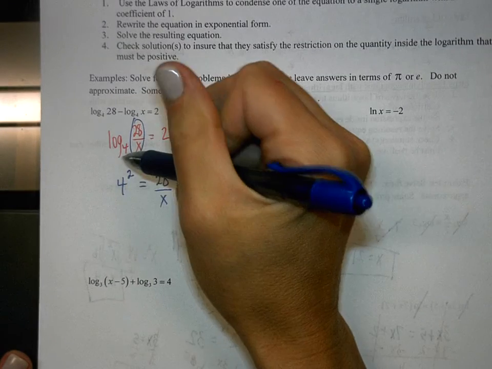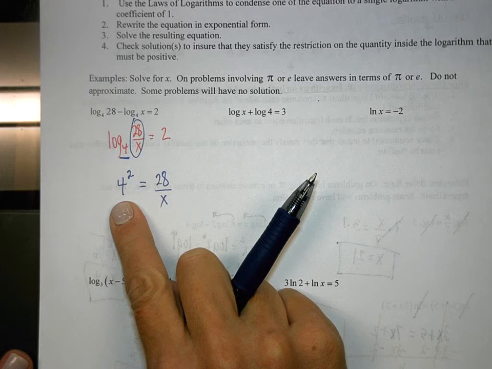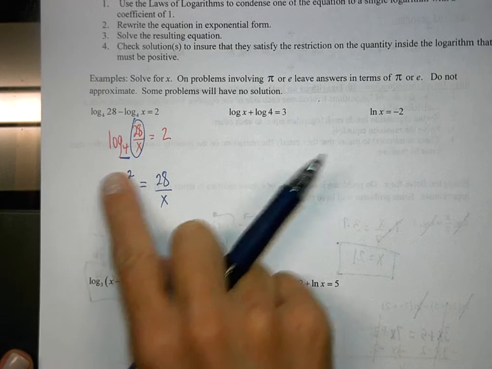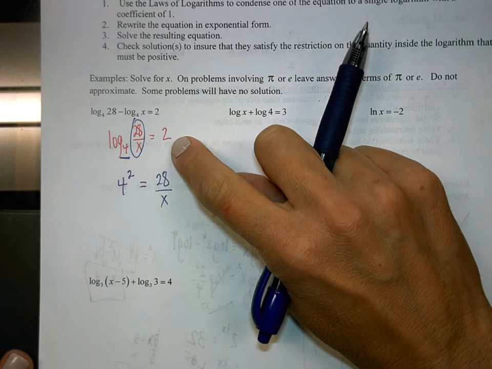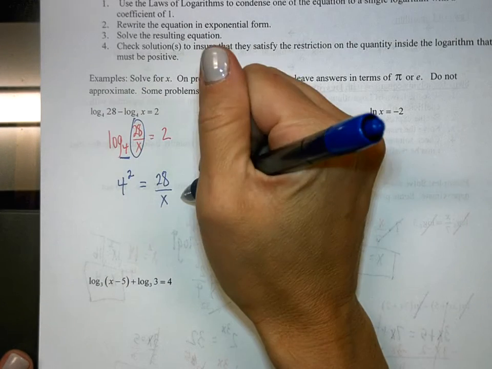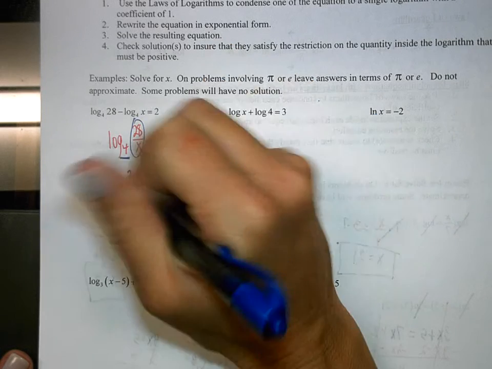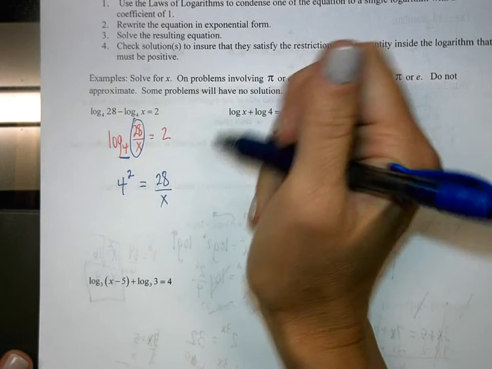So again, the base of the log becomes the base of the exponent, and this number is your exponent, and then this is the answer on the other side of the equal sign, always.